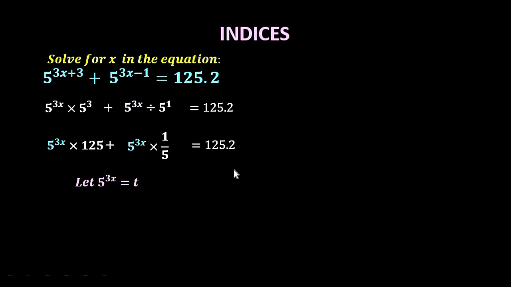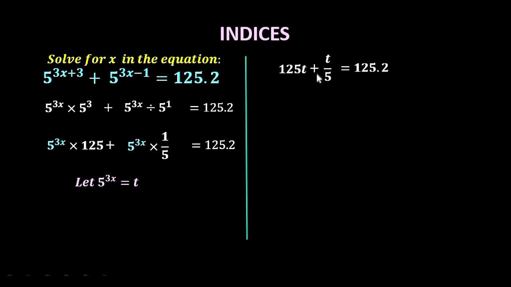And that means our equation is going to become, so this first part becomes 125t. And then for the next part, we have t times 1 over 5. That is t over 5. So we're going to have plus t over 5. And then the right hand side remains 125.2, just as we have here.